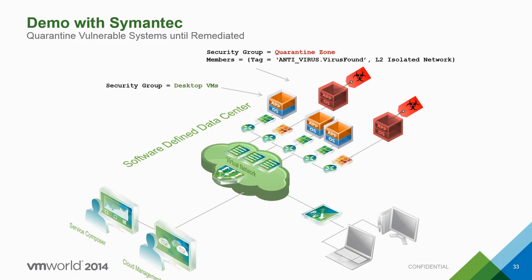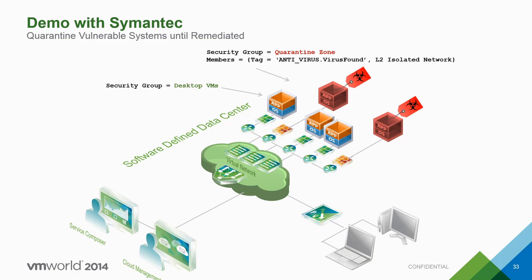And what vCenter will tell to NSX is those tags. So vCenter will tell NSX, those two VMs have this tag. And what you configured on NSX, remember the security group with dynamic membership? So you have a security group on NSX, which is called quarantine.